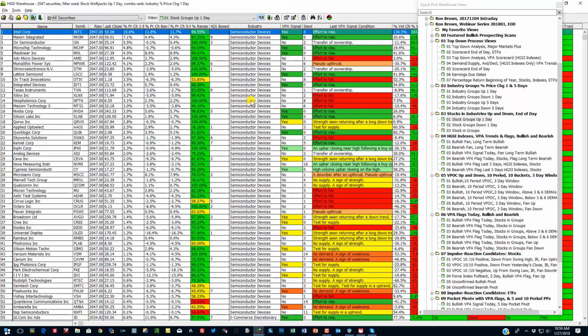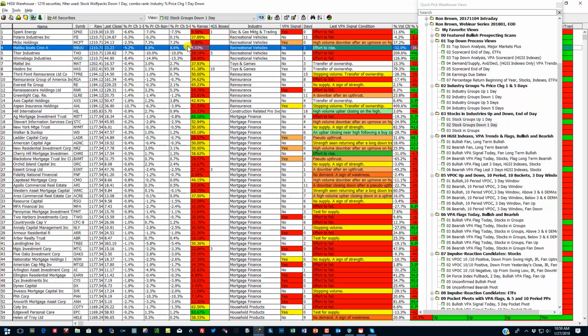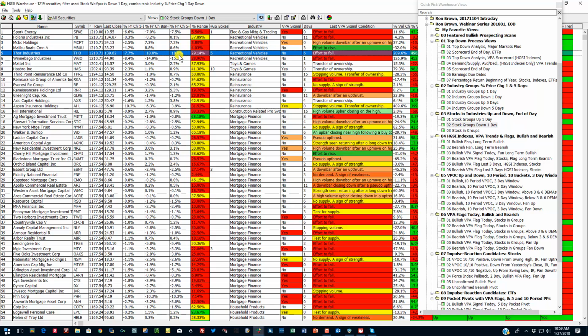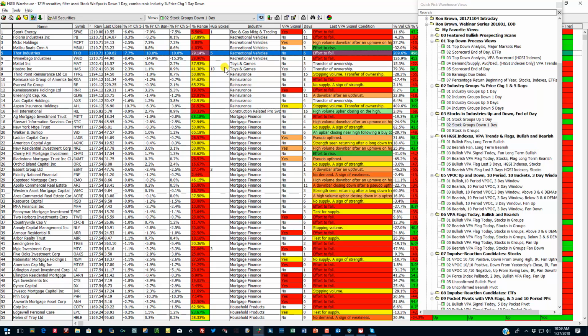Now I didn't go to the groups that were down, but these are the stocks in groups that were down for the day. Now recreational vehicles, they're getting hit pretty hard. Let's see, Thor was down 10%, Winnebago down 14.9%. So it wasn't just a stock, it was several stocks.